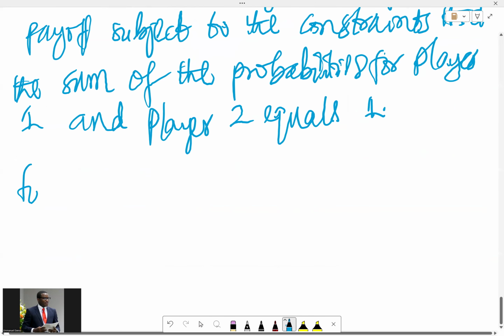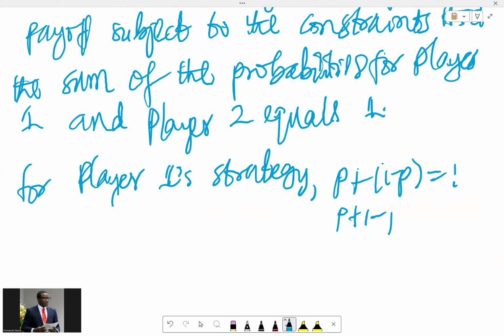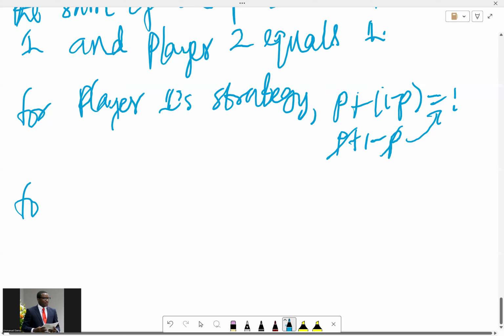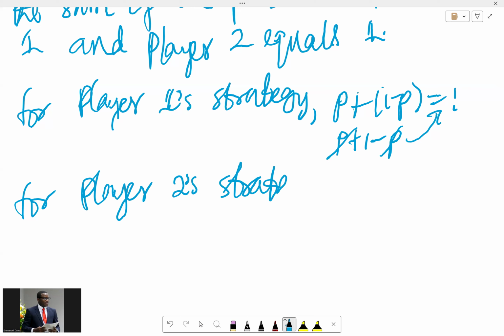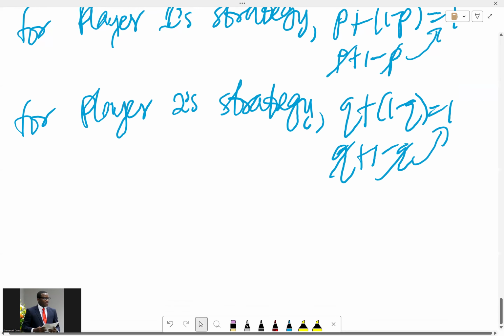So for player one's strategy, P plus 1 minus P is equal to 1. That's commonsensical, because P cancels P, so everything goes to 1. For player two's strategy, the same thing: Q plus 1 minus Q is also 1, because Q cancels Q, so everything still goes to 1, right?